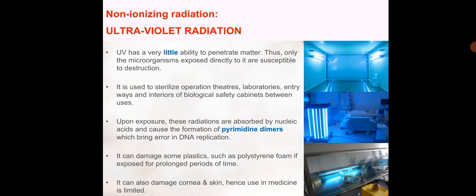Upon exposure, these radiations are absorbed by nucleic acids and cause the formation of pyrimidine dimers, which bring errors in DNA replication. It can damage some plastics such as polystyrene foam if exposed for a prolonged period of time. It can also damage the cornea and skin. Hence, its use in medicine is limited.